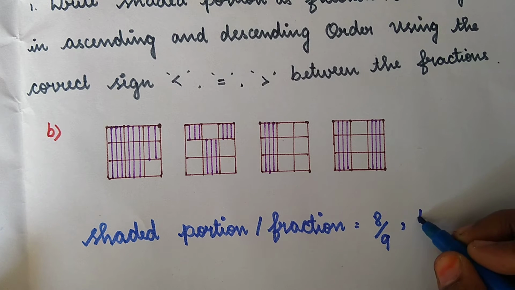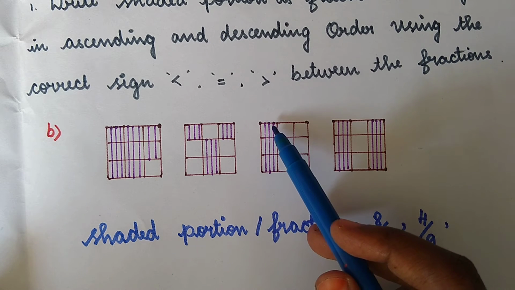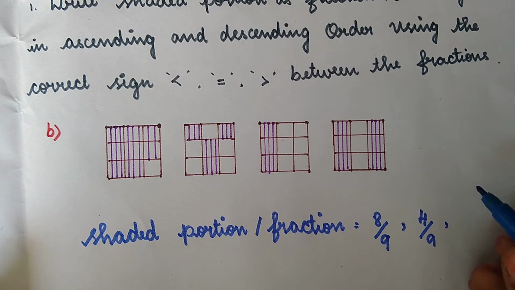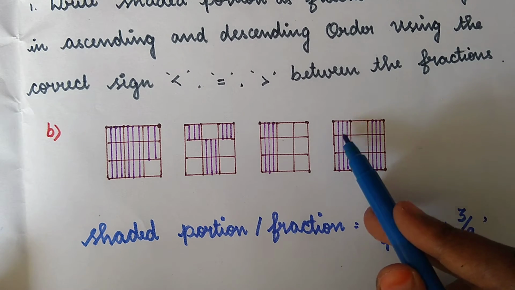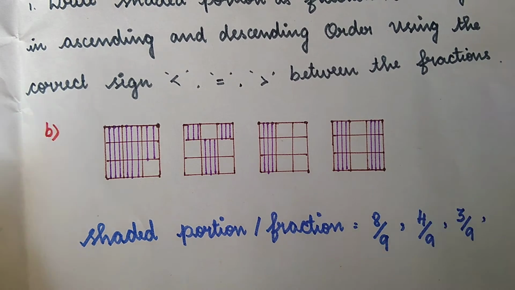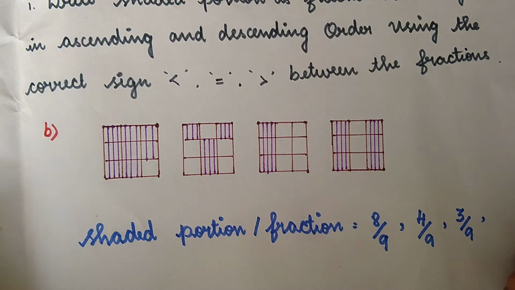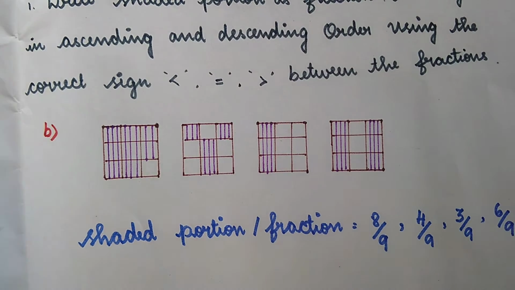So we can write 4 over 9. In the third square, there are 3 shaded portions out of 9 squares. So we can write 3 over 9. At last, how many squares are shaded? Only 6. So, 6 by 9.